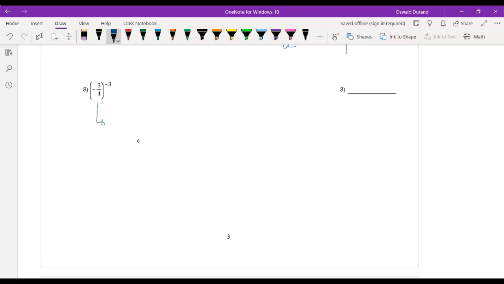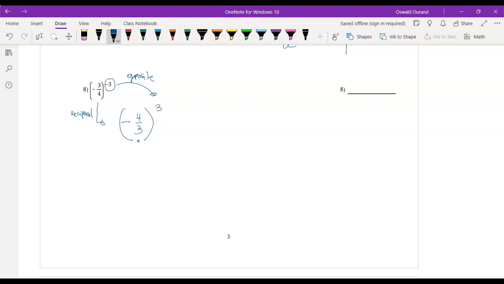So I want the reciprocal of that fraction. When you say reciprocal, it does not change the sign, okay? So if you have a negative number, it's still negative. It's just that you're switching the numerator and denominator, and now it becomes negative 4 over 3. Put it in parentheses, and now the exponent becomes opposite, and so it becomes positive 3.